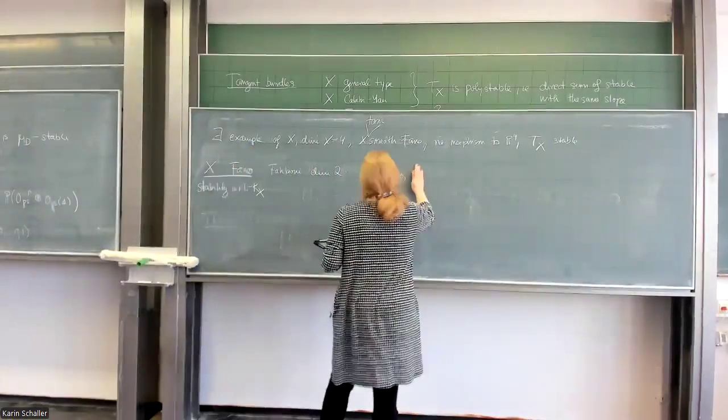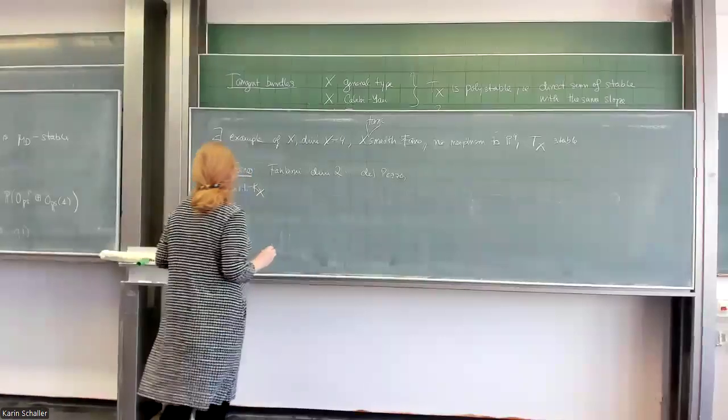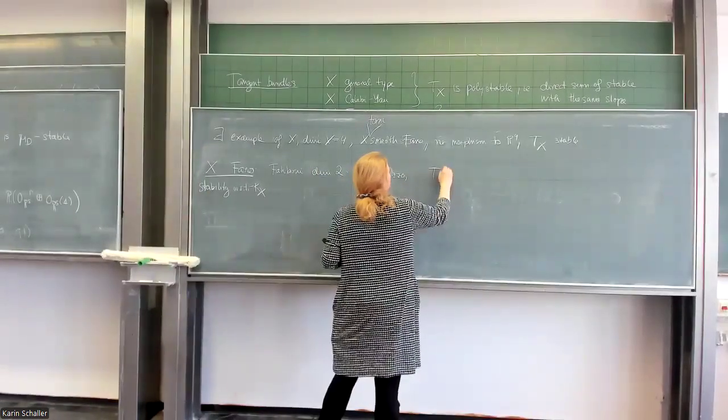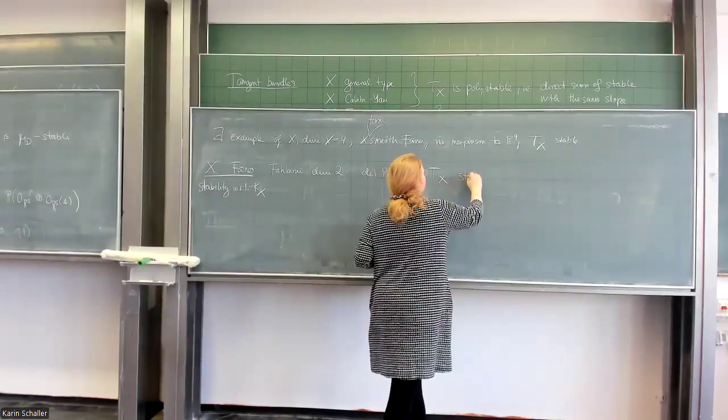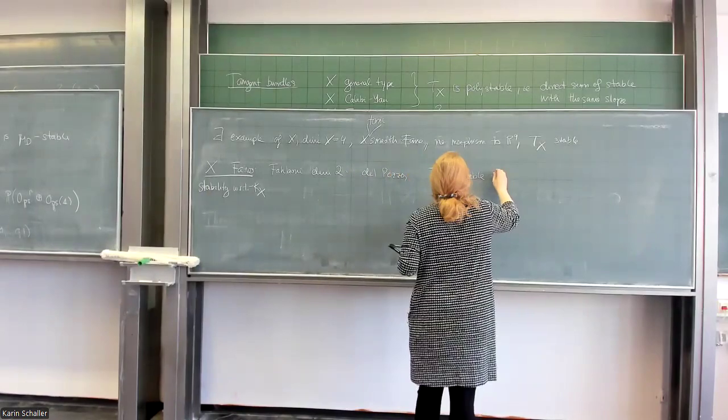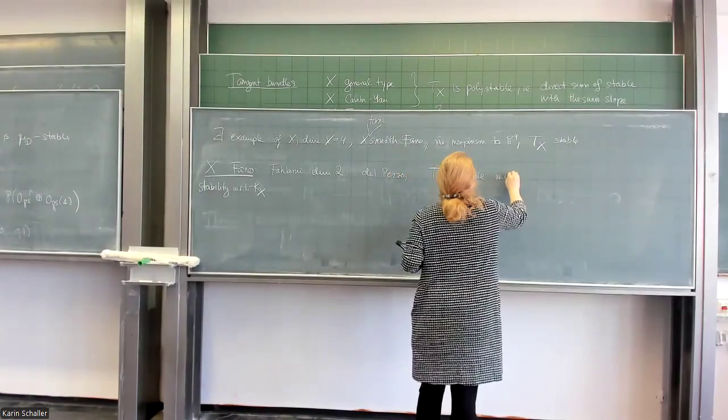Okay, so if they're blow-ups, then T_X is stable with respect to minus K_X.